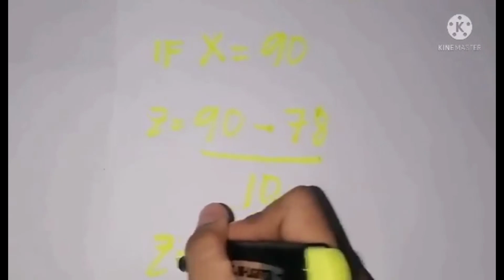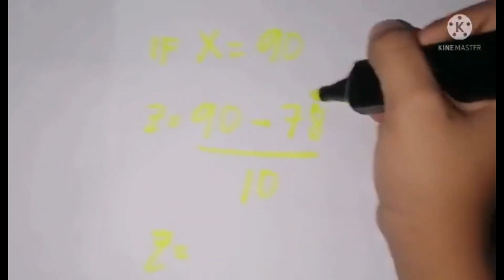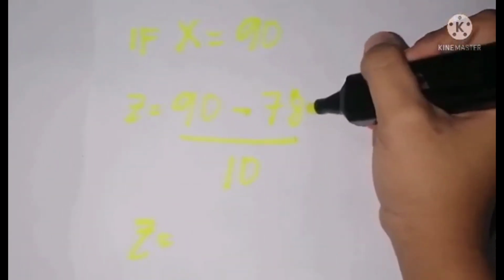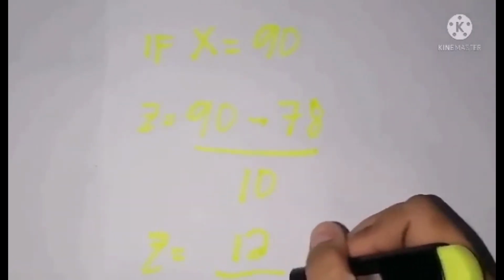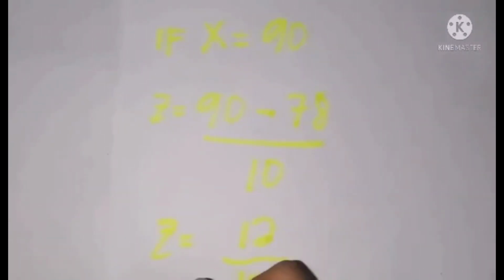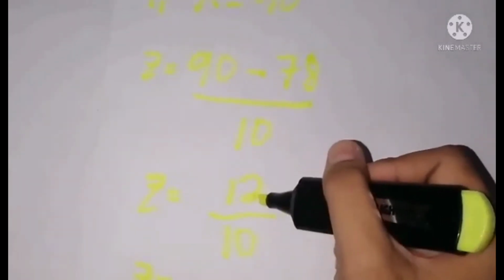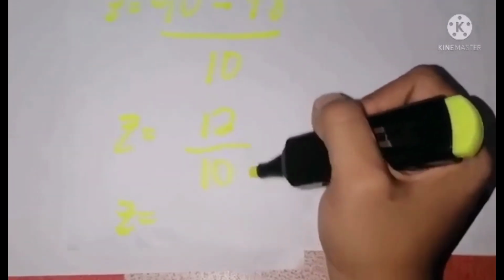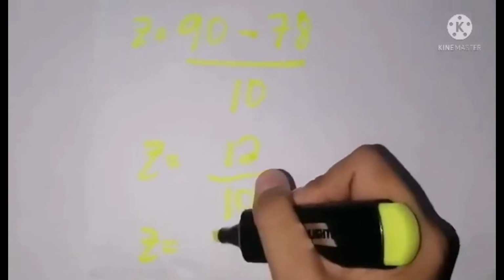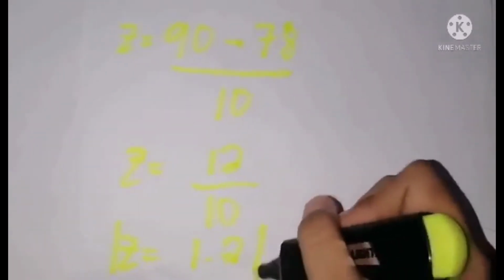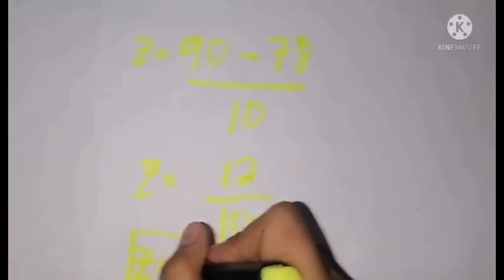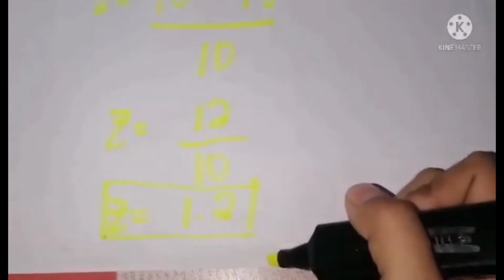Then, ma-minus natin 90 minus 78 is equals to 12 all over the sigma pa rin. Then, the last is 12 divided by 10 is equals to 1.2. So, ito yung Z-score ng student na may score na 90.